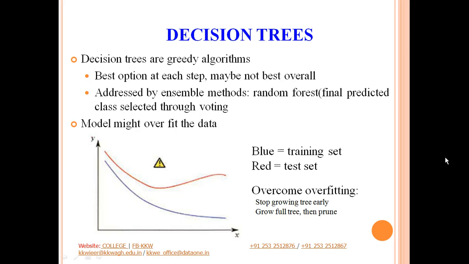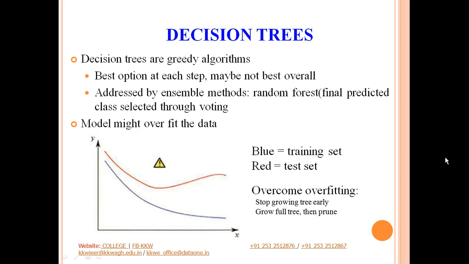You assign a vote to a particular class label, get votes from the different trees obtained, and the label that has the maximum vote is selected as the final predicted class. We'll see the concept of random trees and random forest in the subsequent lectures.